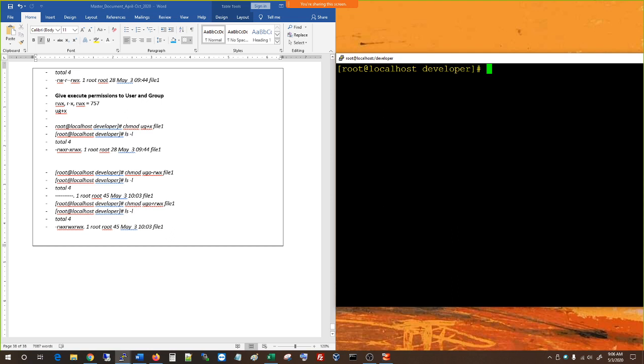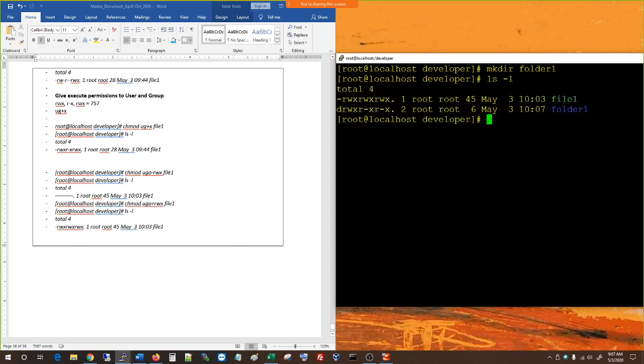Let's see how the directory permissions are working. I'm going to create a folder, mkdir folder 1. I do ls -l. Okay, the directory permissions work a little differently here.